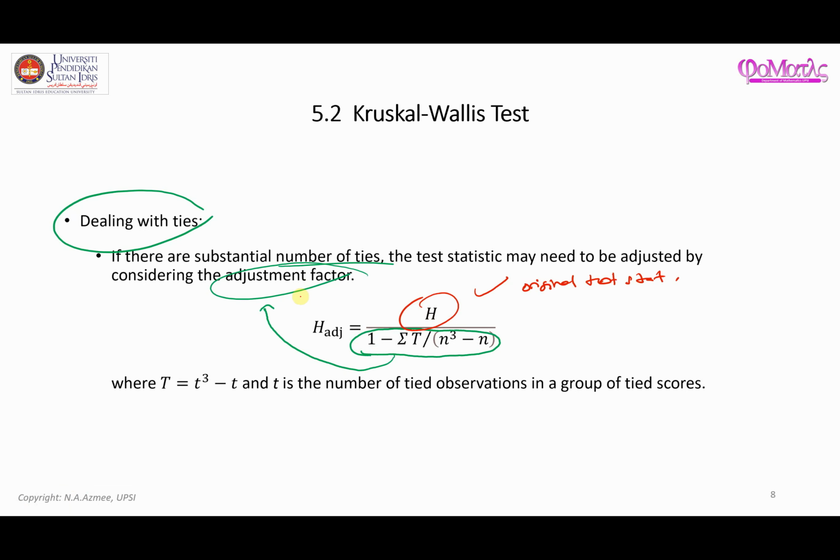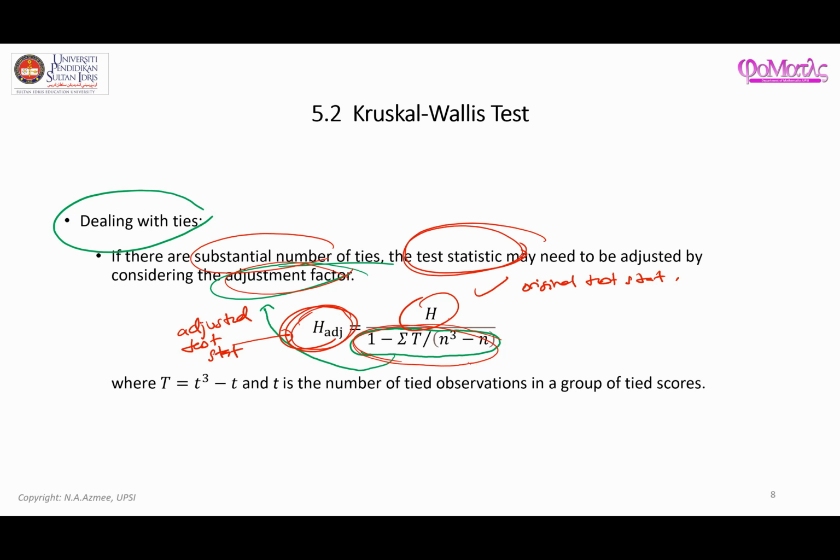You consider the adjustment factor, so H divided by this item gives you the new test statistic. I'm going to call this the adjusted test statistic.